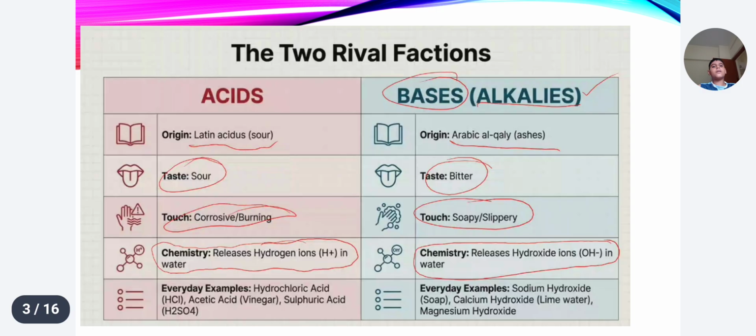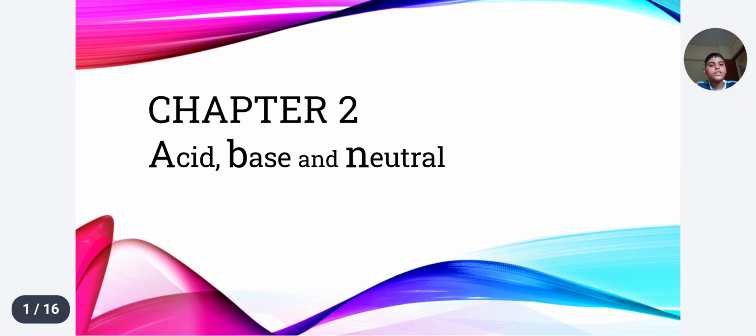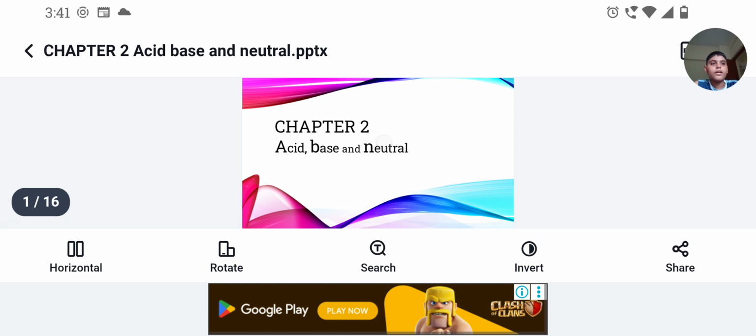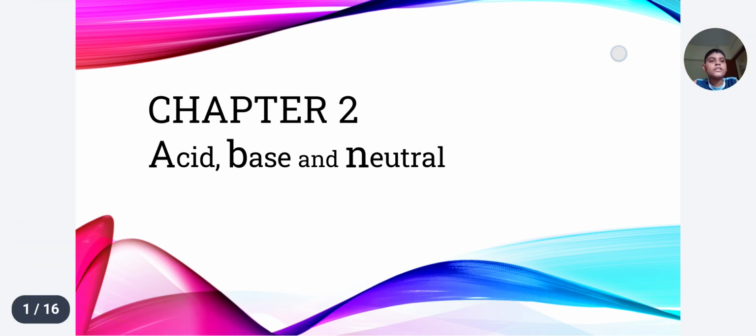Now we will learn about, see, in the first chapter what is mentioned here first. What is mentioned here? Acid and base. So these are the two rivals.